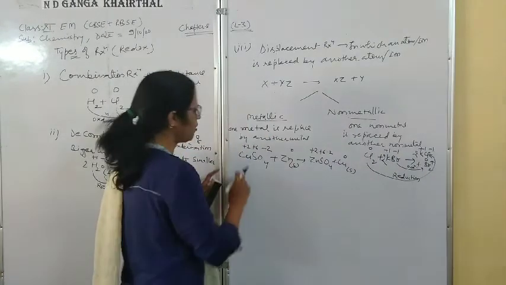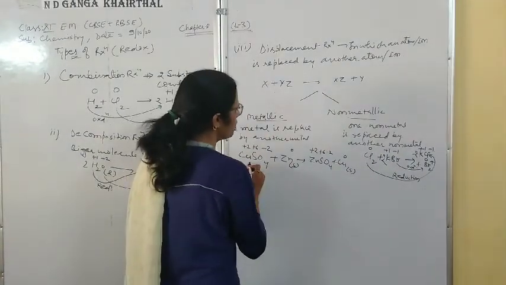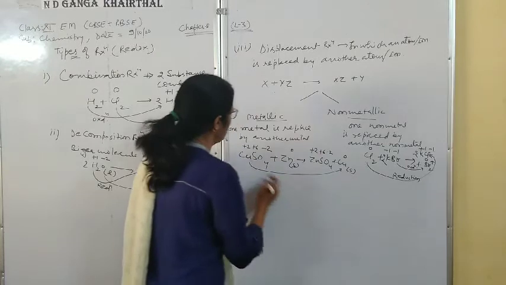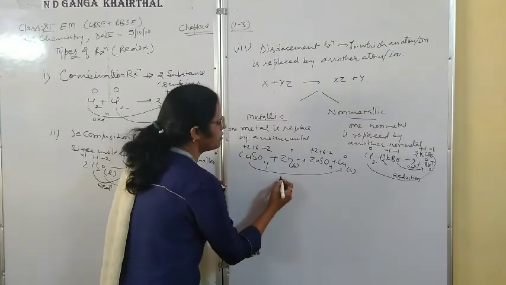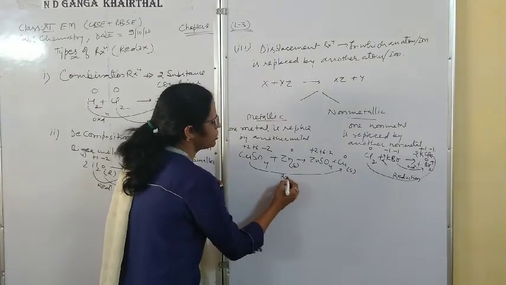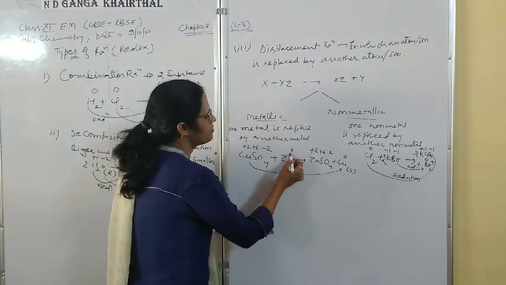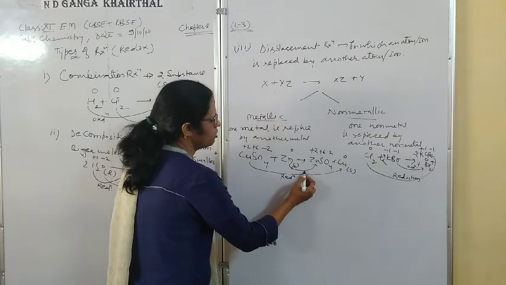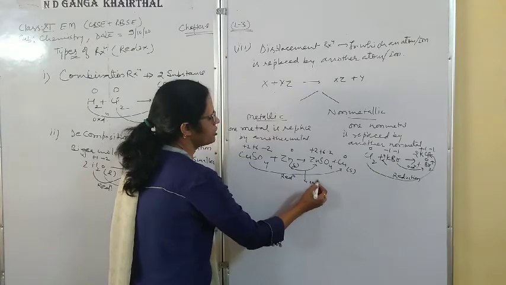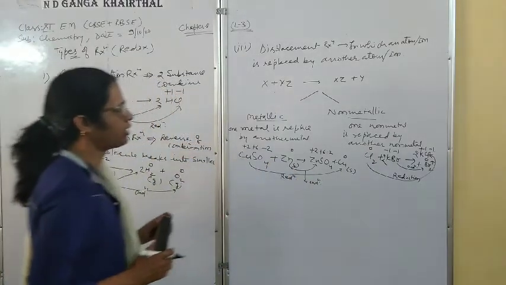In a similar way, copper goes from plus 2 to 0, a decrease in oxidation number, so it's a reduction. And Zn goes from 0 to plus 2, so it's oxidation. Okay?